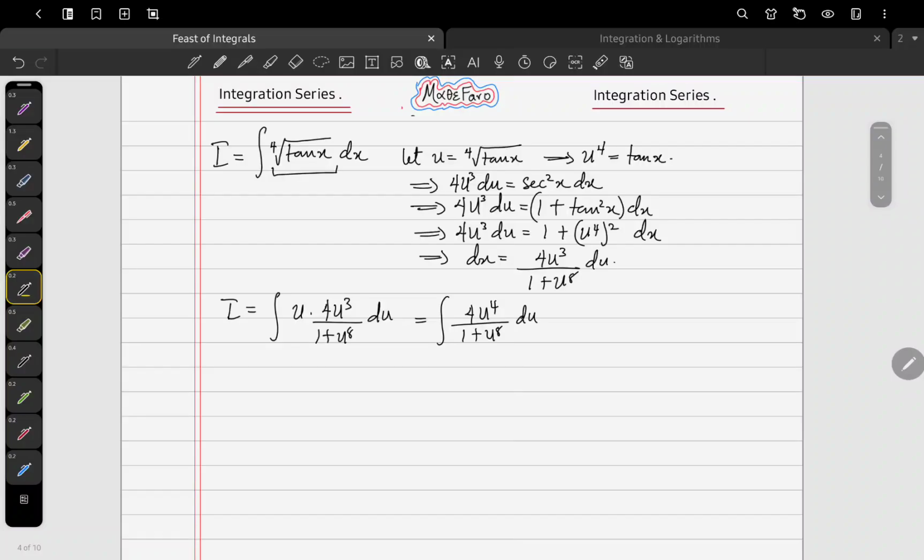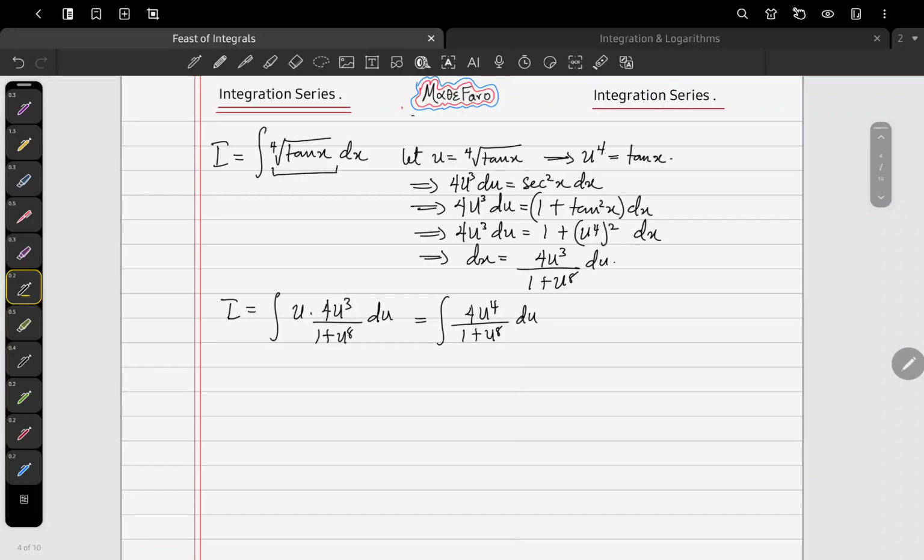Now this is where the clever algebraic manipulation tricks come in. So how do we manipulate this integrand? If it were a lower power of u in the denominator, like u to the power of 6, or u to the power of 3, u to the power of 4, well, the best thing would be to try to decompose that into partial fractions by brute force. But let's see if we could use some clever manipulations to make it even easier here.